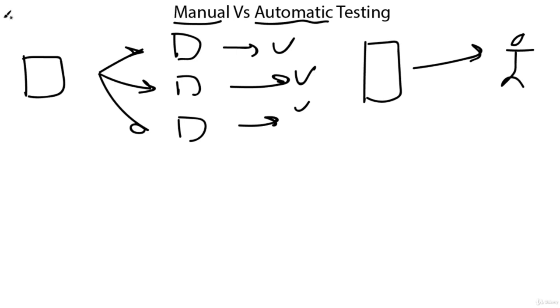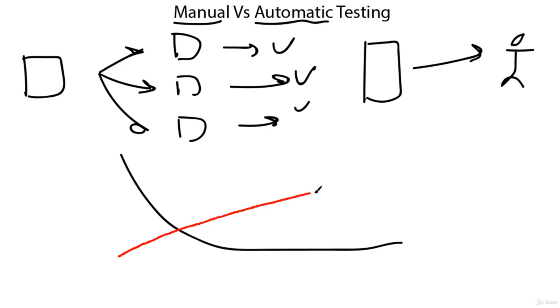And we actually get sort of a graph going on here. This is the effort required in the testing phase, a sort of reverse exponential graph, and this is the effort required in the dev phase for testing.